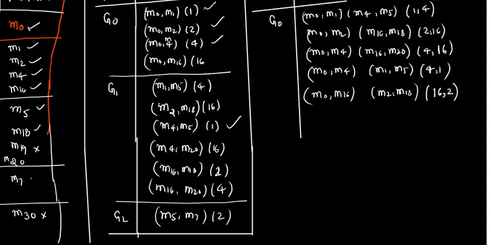Intra difference is 16 and inter difference is 2. Next, M0, M16, M4, M20. So 16, 4. Next, we are done, I think. Just have a look.